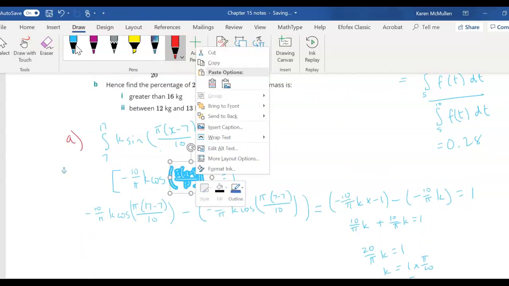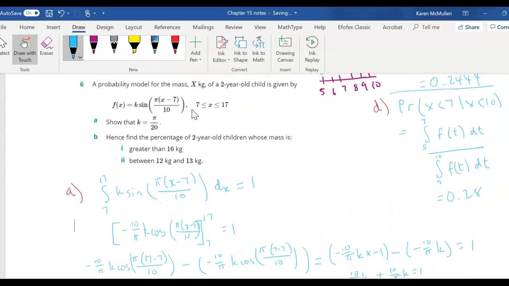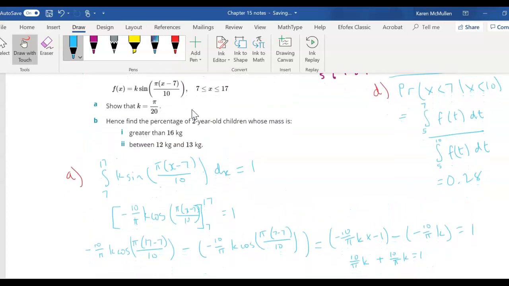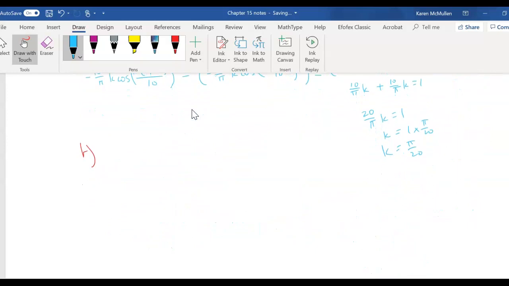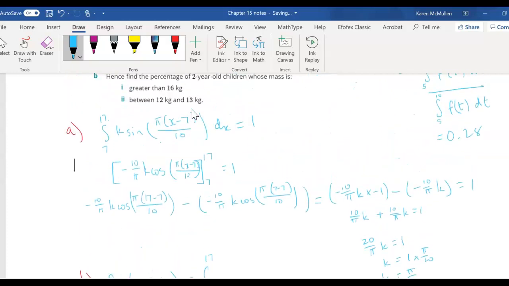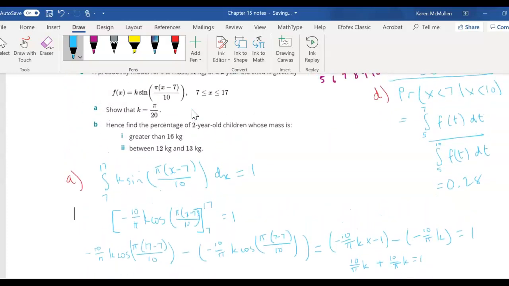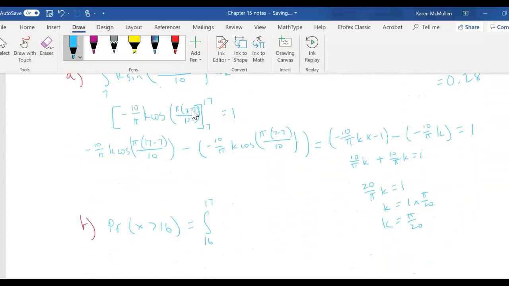So greater than 16. So we're only going up to 17. So we want the probability that x is greater than 16. So we're going from 16 to 17. Now our function we can now write with k. So k is pi on 20.